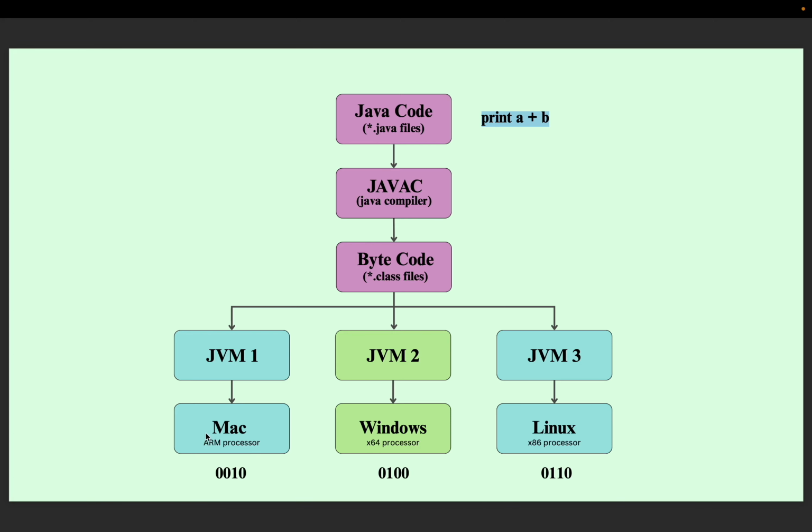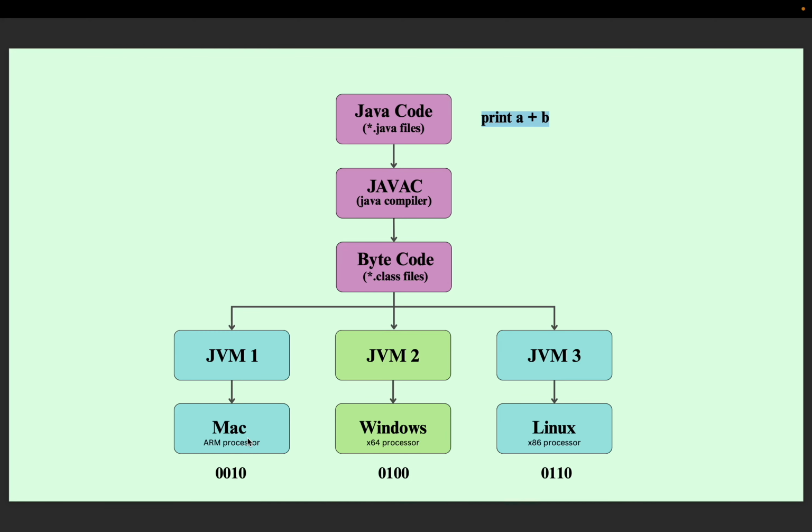And this is because of the processor. I guess you remember when we installed the JDK, we selected a file based on the architecture of the processor. And that's why even for the same operating system, we can have different JVMs, because JVMs interact not only with the operating system, but also with the hardware, with the processor.